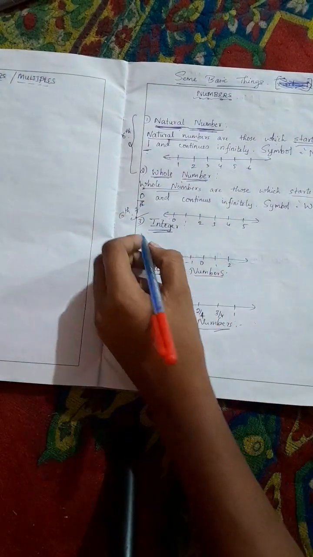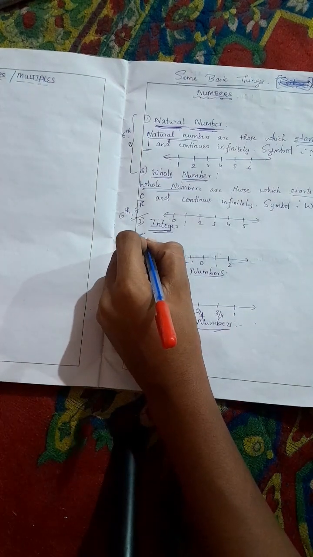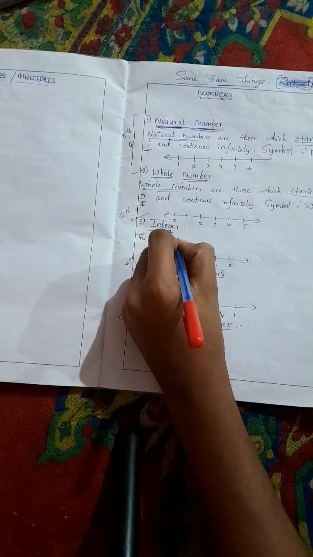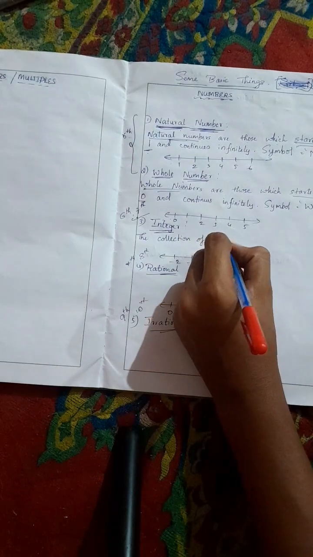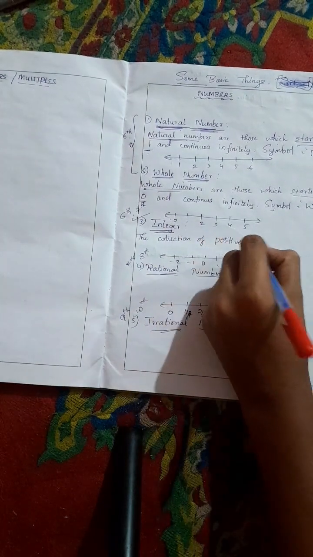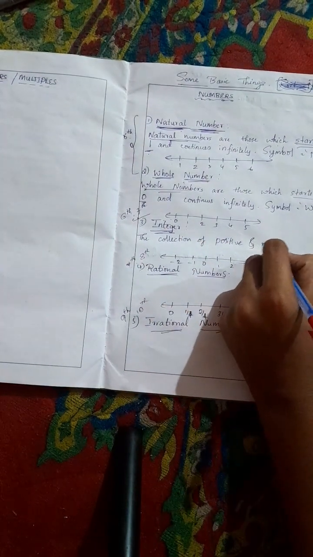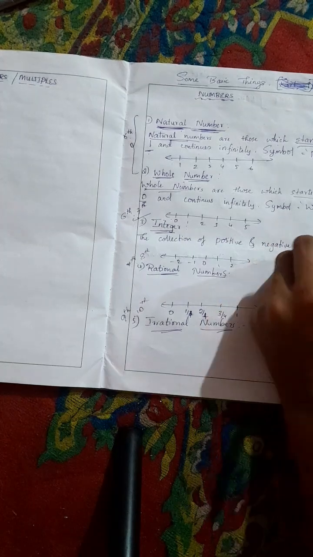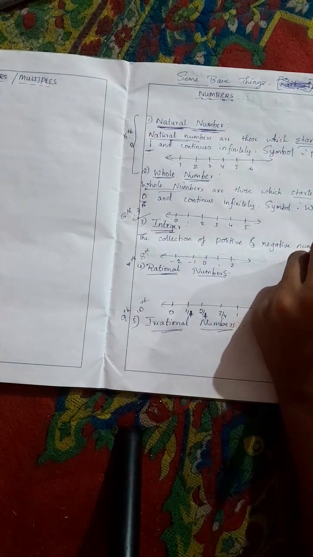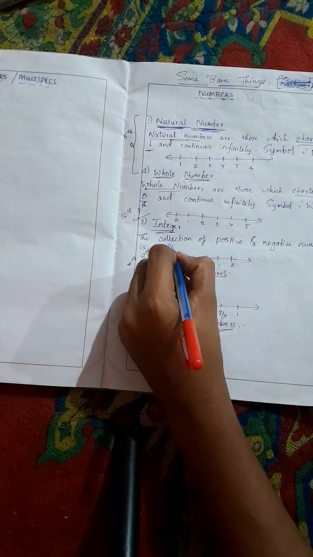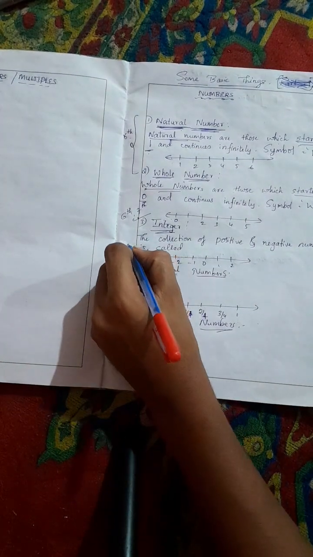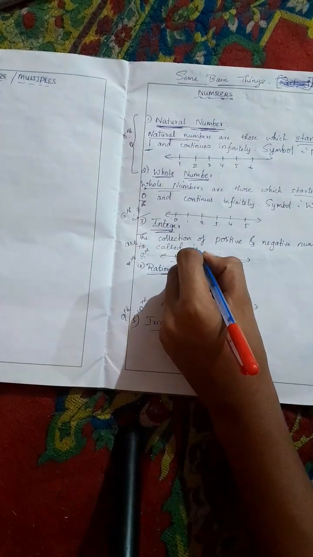That's it. Integers. The collection of positive and negative numbers is called integers.